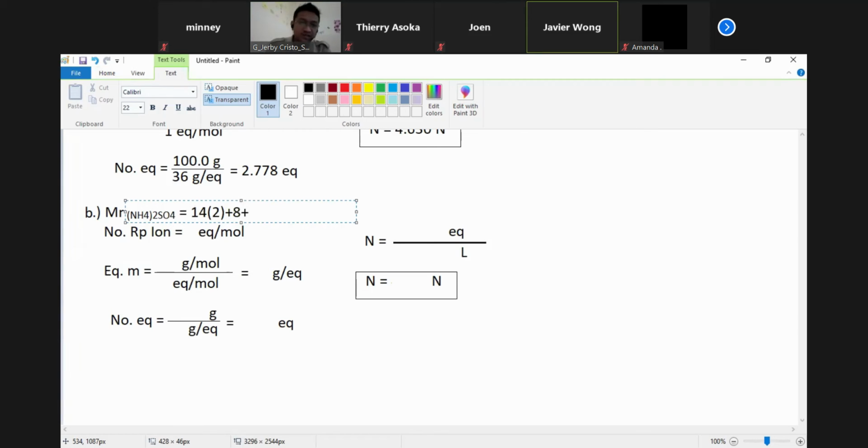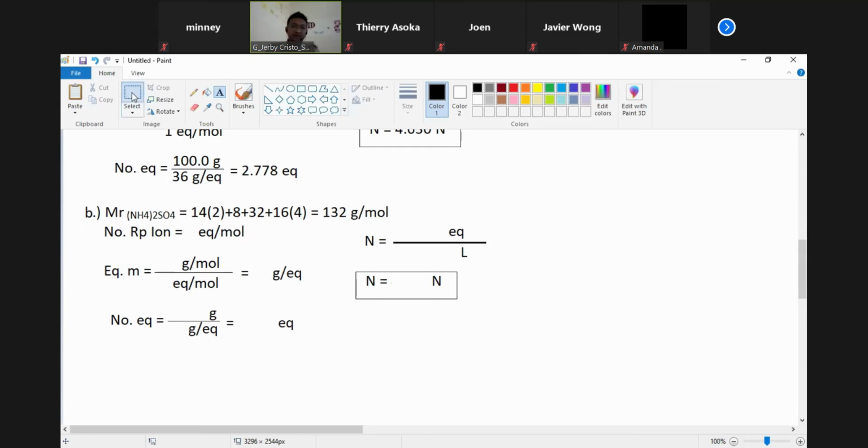Plus sulfur, 32. Plus oxygen is 16 times 4. So the mass is 132 grams per mole.